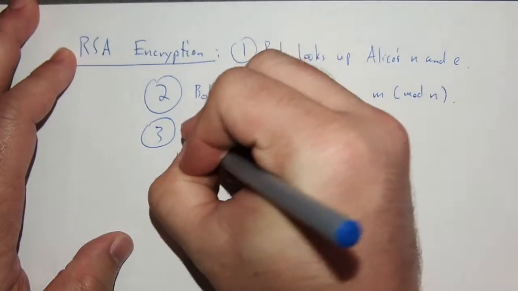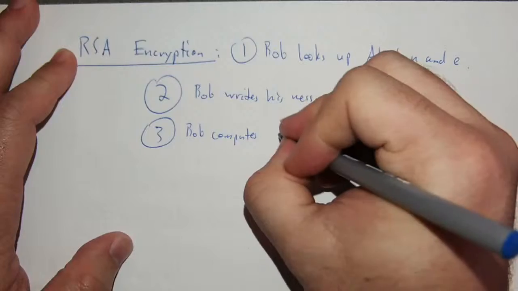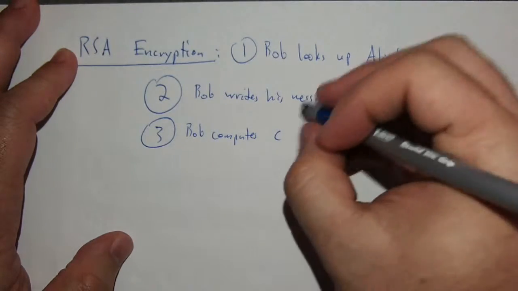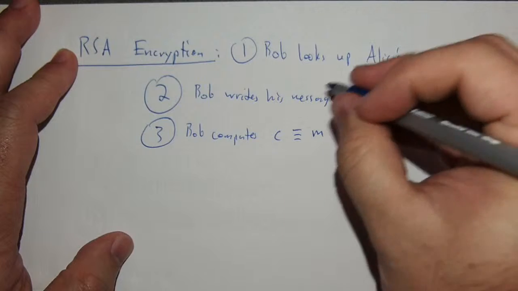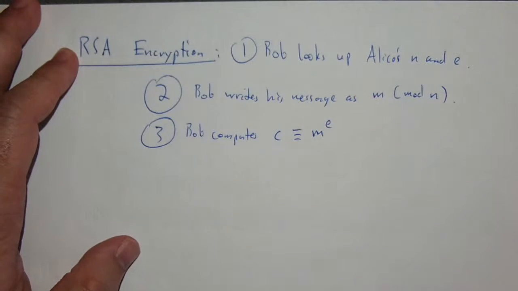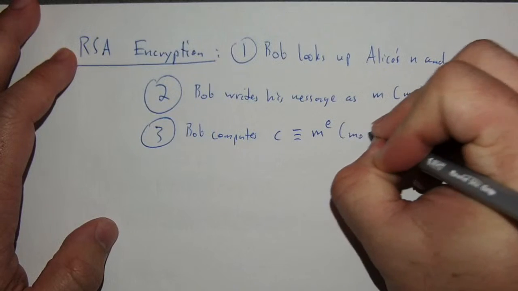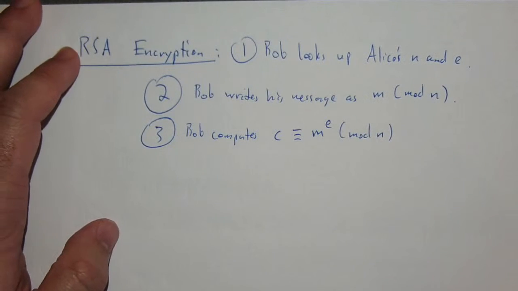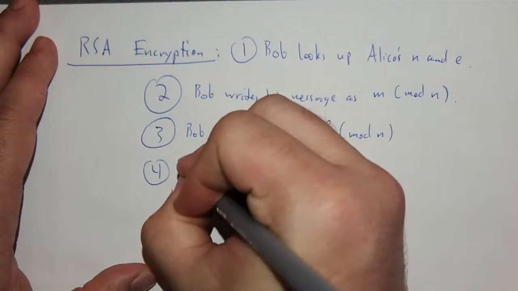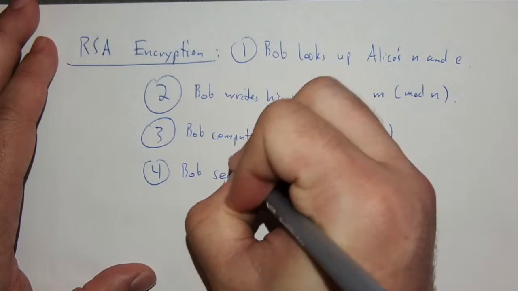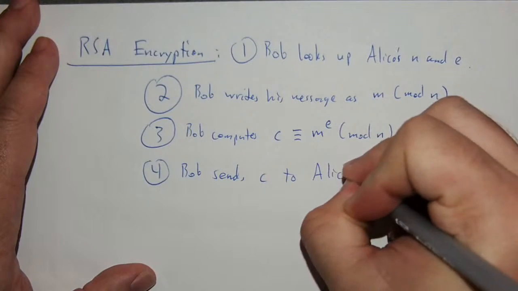So then Bob computes C, which is this m, his message, raised to the encryption key, so that's exponentiated to this E mod n. Okay. And Bob sends C to Alice.